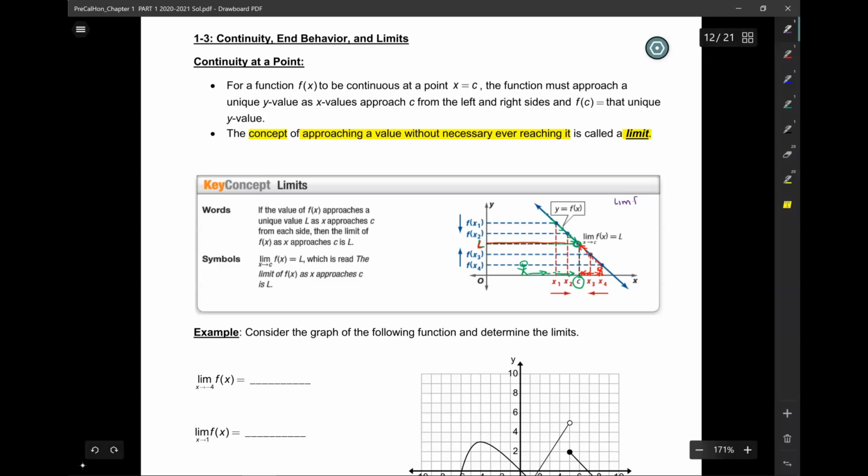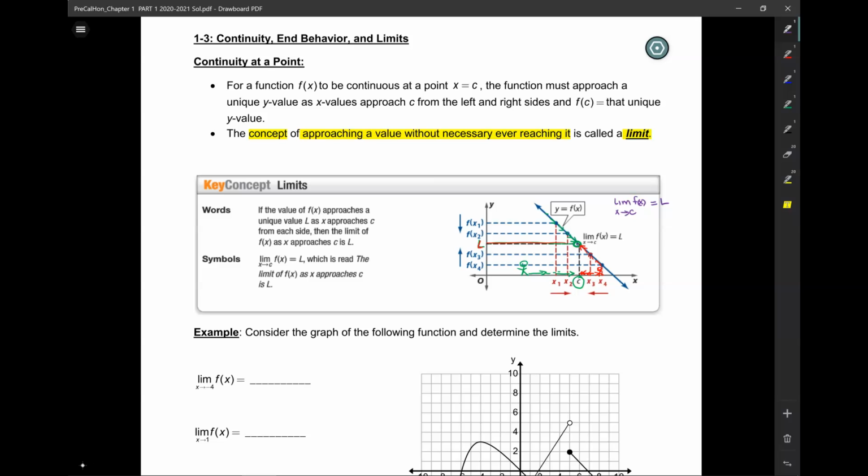The limit of this function, f of x, as x approaches c is L. Okay, did I ever talk about getting to that y value of L? No, all I ever said was it's approaching that value, okay?